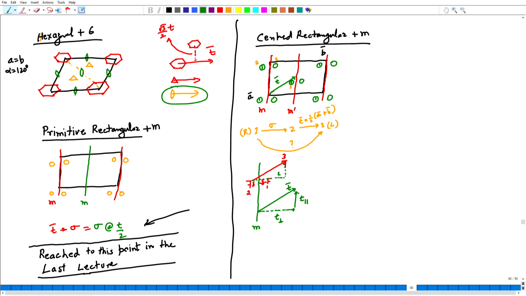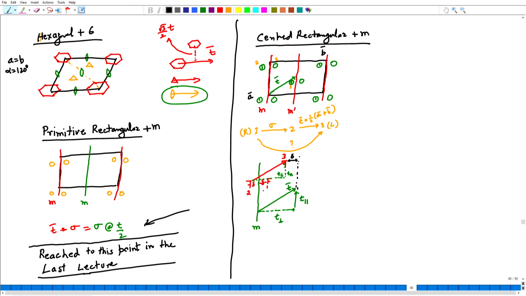So, this is T perpendicular and this is T parallel, and if you further notice, motif number 2 was at a distance of delta away on the left side of the mirror, and therefore, this distance should also be delta.